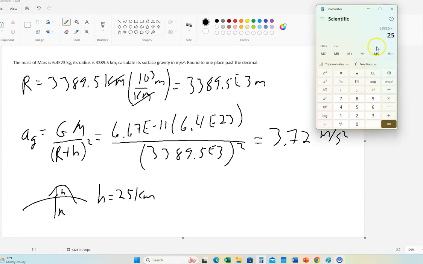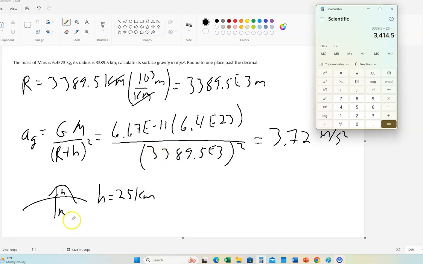Because they're both in kilometers, so you add them in kilometers, and then you do the conversion by just saying times 10 to the third. So this number becomes here.